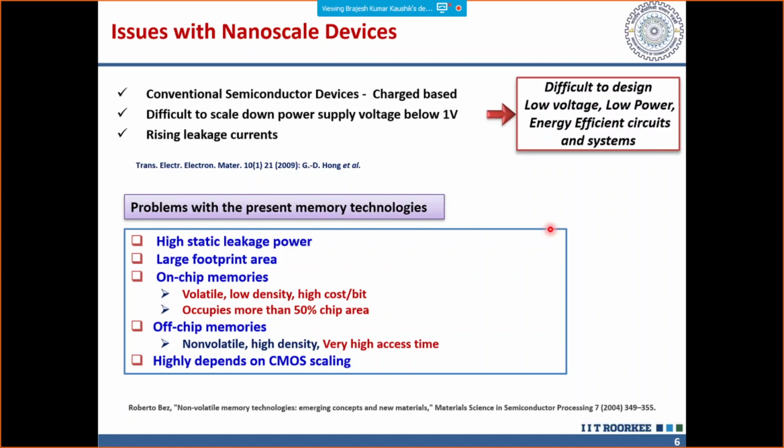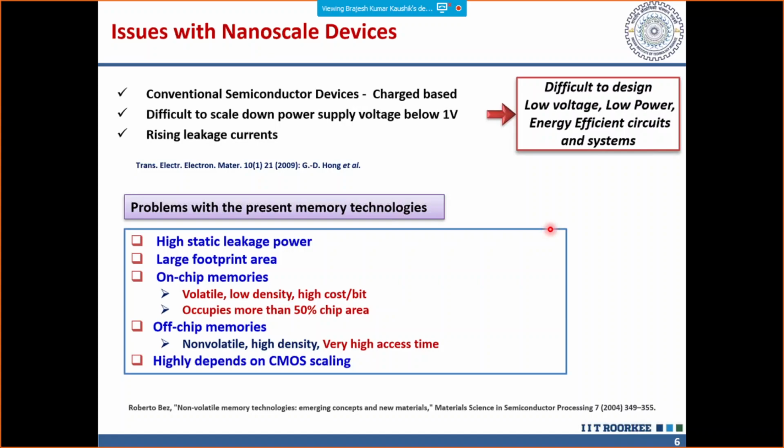Most on-chip memories are volatile and of low density, the cost per bit is quite high, and they occupy almost 50% of the chip area. So they have a huge presence in any of these chips.